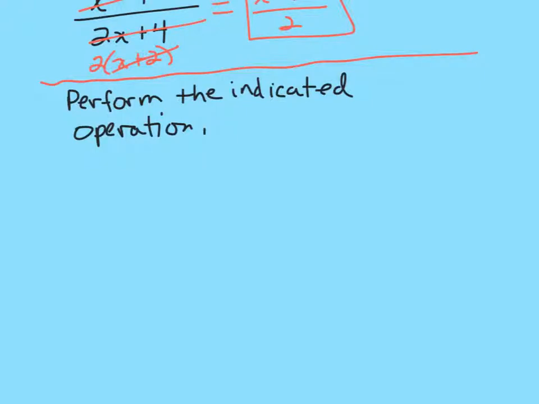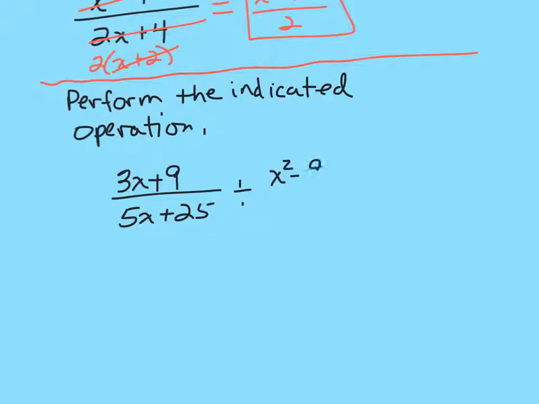Oops, off the screen. So maybe we could do a problem like this: 3x plus 9 over 5x plus 25 divided by x squared minus 9 over x squared minus 25.